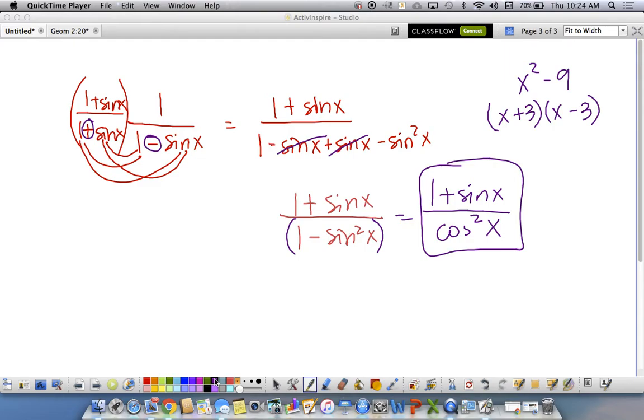The question's always asked, are you going to give us something to verify that's not true? I won't. Every one that I give you will be true. So every left side will equal the right side, even when you think it won't.